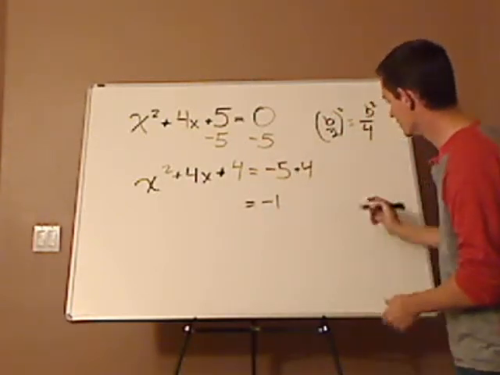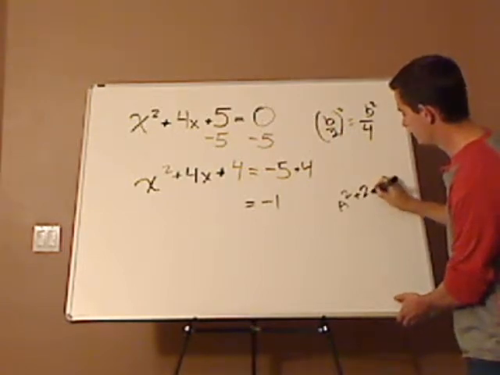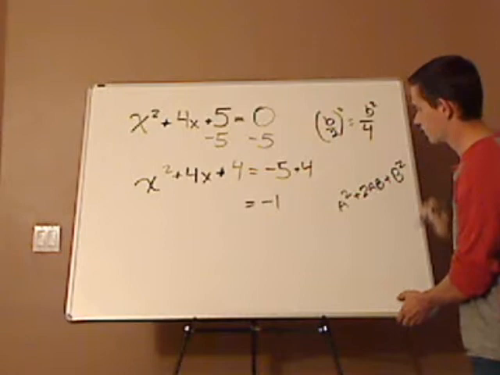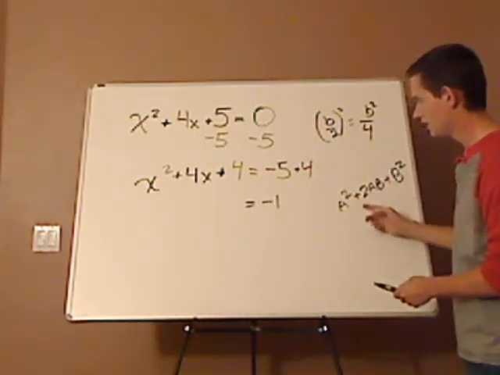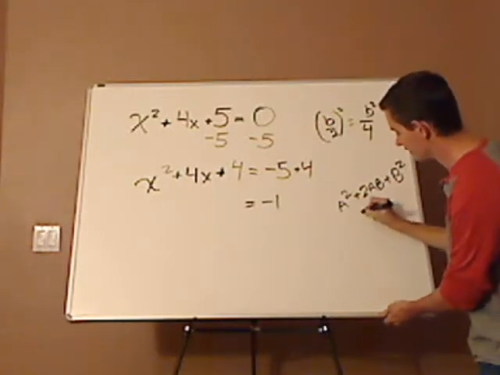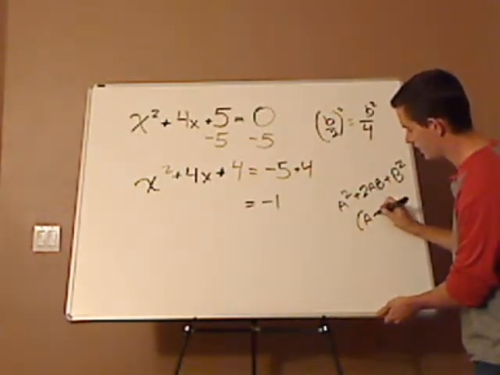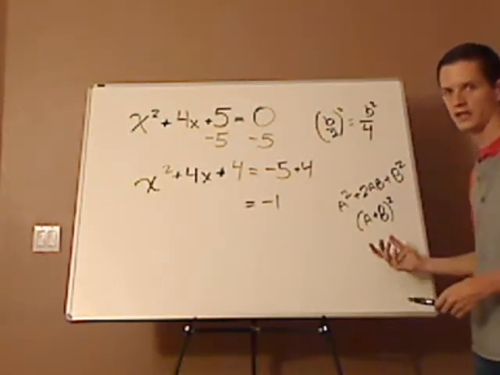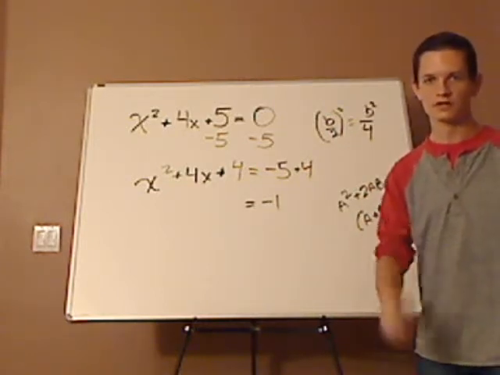And a perfect square comes in this form: a squared plus 2ab plus b squared. It's a perfect square with an addition sign here, so when you factor it, it's going to be a plus b, the whole thing squared. You're purposely doing this when you do the completing the square method.